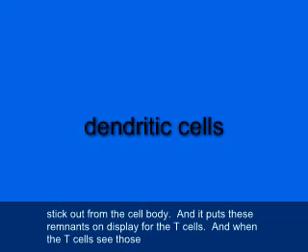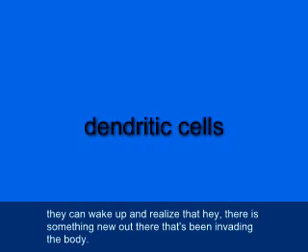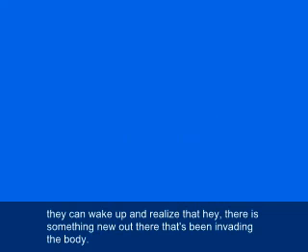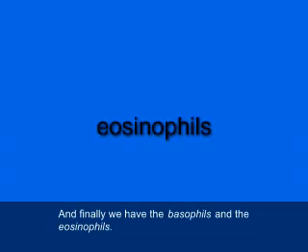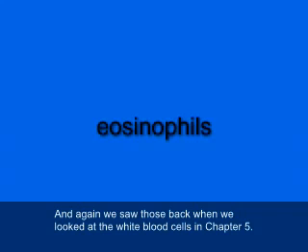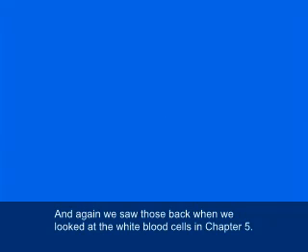And when the T cells see those, they can wake up and realize that, hey, there's something new out there that's been invading the body. And finally, we have the basophils and the eosinophils. And again, we saw those back when we looked at the white blood cells in Chapter 5.